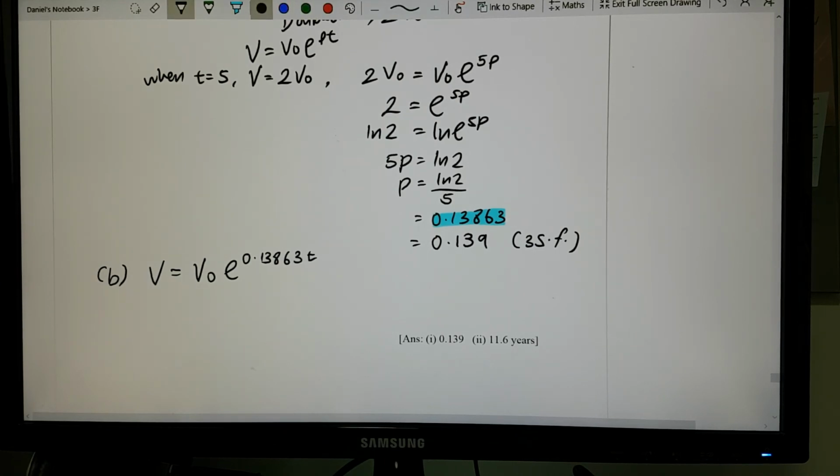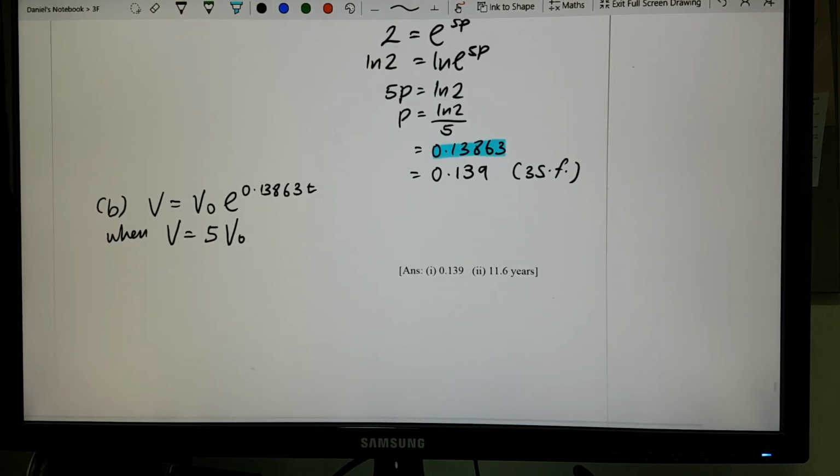So we have this. Now they say 5 times the value. Which means the V now is 5 times the original value, V naught. So I sub in 5 times the original value, 5V0 equals V0 e to the power of 0.13863t. Both sides cancel away V naught. Ln both sides.